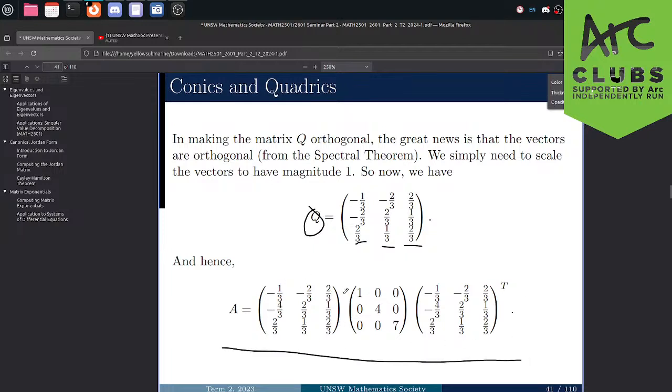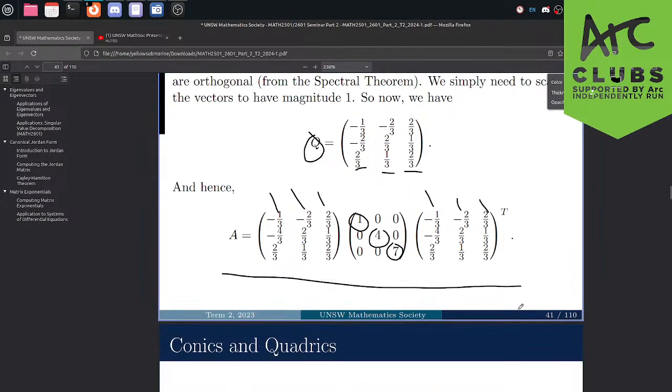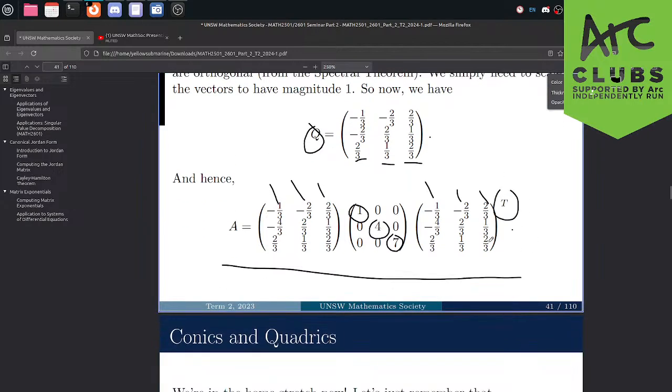This is the way you do spectral decomposition. You write your eigenvectors in the order of the eigenvalues listed along the diagonal, and then you have your inverse matrix here. In this case, for a unitary matrix, the inverse is equal to its transpose. So we can just write T instead of -1.